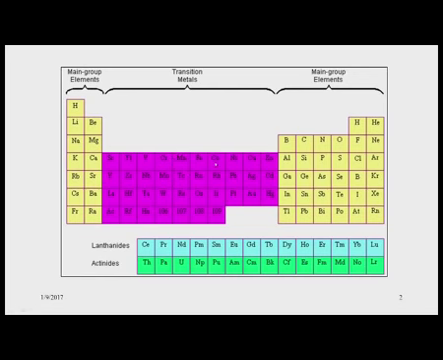So, these elements are so important that we should know them well, because they have interesting properties. The definition is that for the pink elements we have partly filled d levels, and for these two groups, lanthanides and actinides, we have partly filled f shells. So, let us consider the period 4 transition metals.